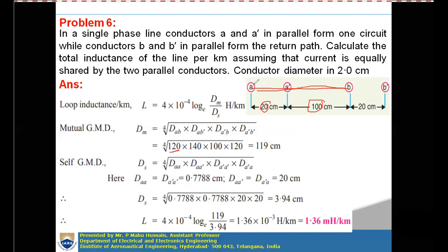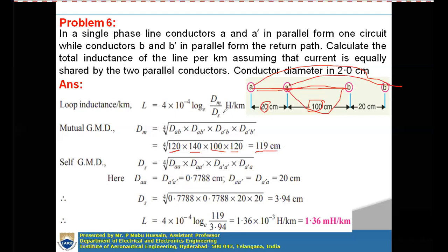DAB dash, from A to B dash, is 20 plus 120, so 140. DA dash B, the distance between these two, is 100, and DA dash B dash, from here to here, is 100 plus 20, so 120. If you substitute all these values, the DM value you get is 119 centimeters. So you got DM.